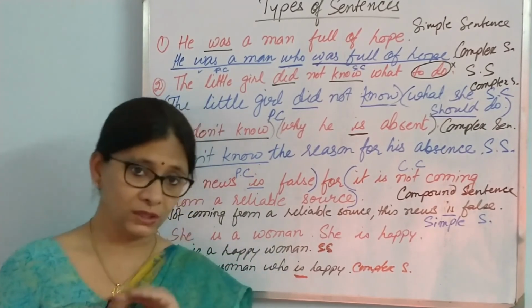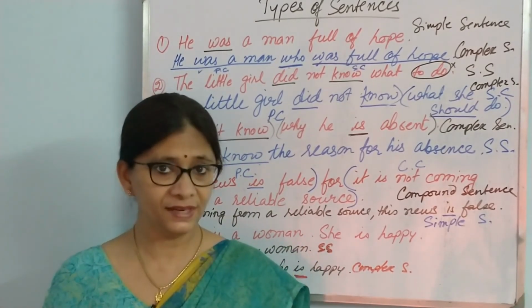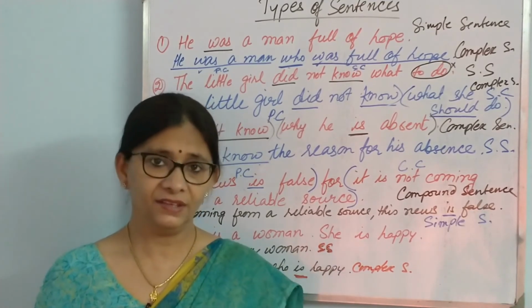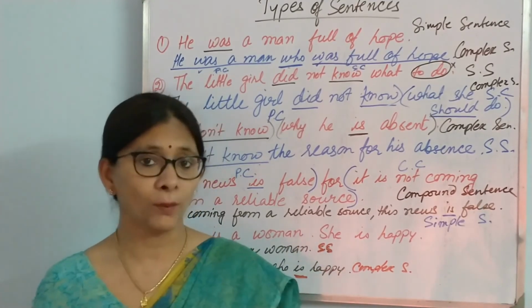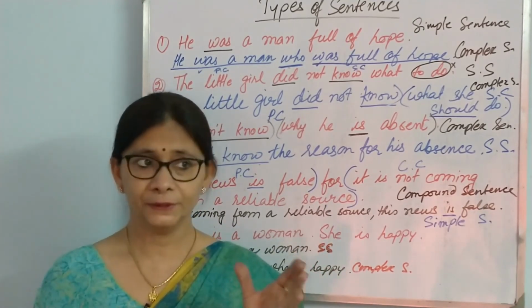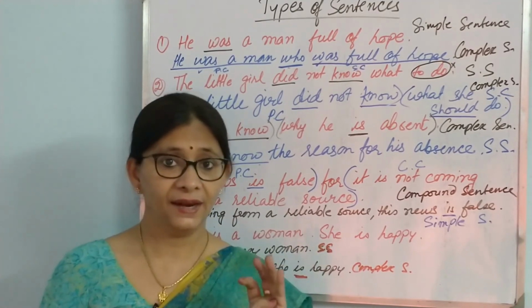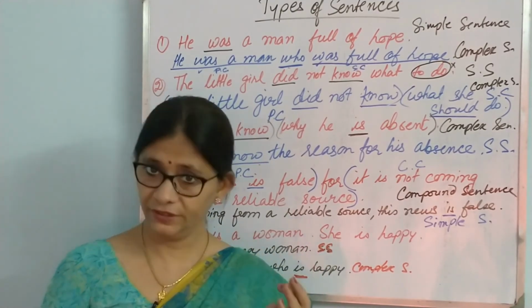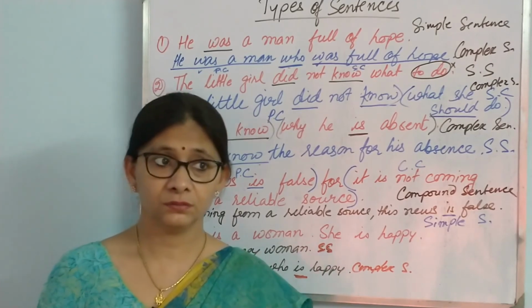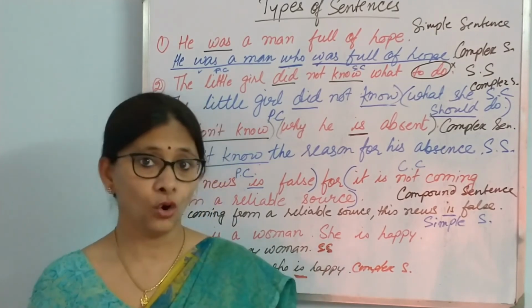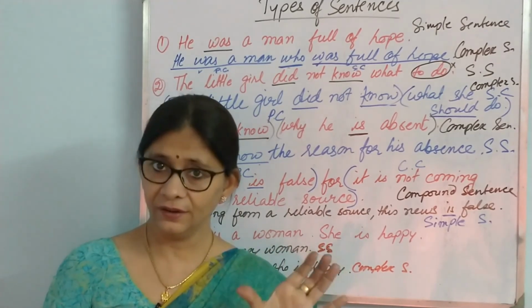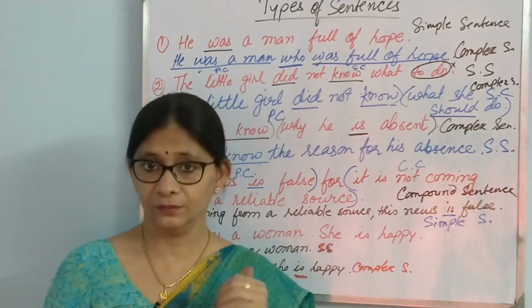Now, there are a few words which, if present in the sentence, you can very easily say whether it is a compound sentence or a complex sentence. There is a set of conjunctions like and, but, yet, for, as well as, either or, neither nor. These are coordinating conjunctions.